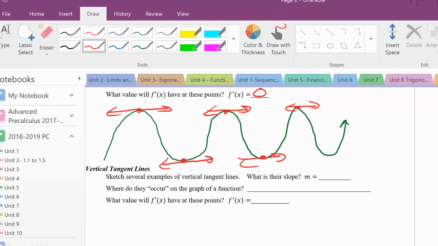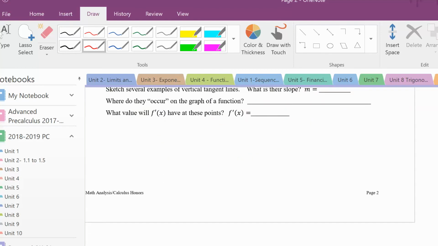Vertical tangent lines, well, some places that vertical tangent lines would occur, like if you had a function that looks something like this here, where notice the vertical tangent line would go there.